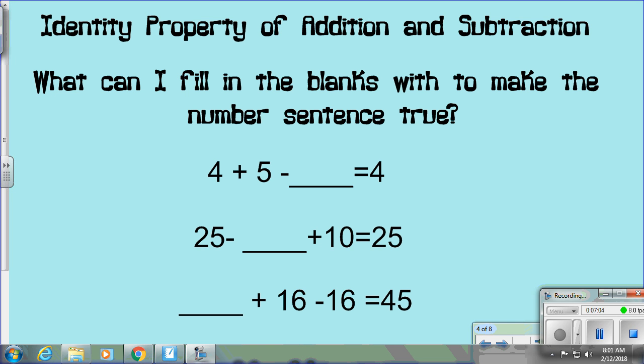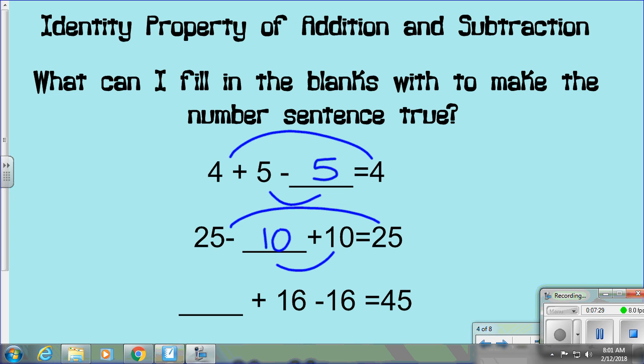Okay, so the first part is what can I fill in the blanks with to make the number sentence true? 4 plus 5 minus blank equals 4. 5. So the insides and outsides match. Next one, 25 minus what plus 10 gives you 25?